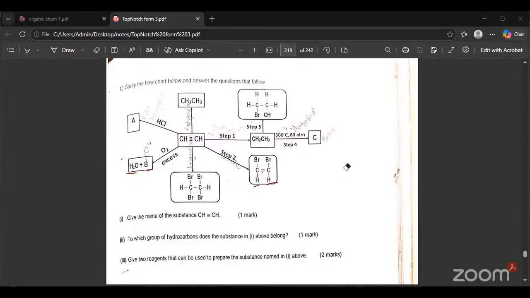Not alcohol. The hydroxide. Yes. So what is happening there? Teacher, we also have an halogen. Halogen iko hapo. Sasa itakuwa hydrohalogenation.